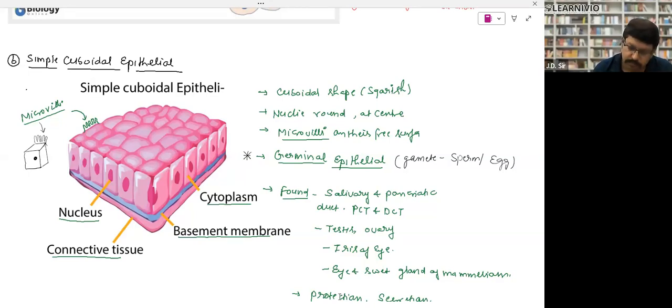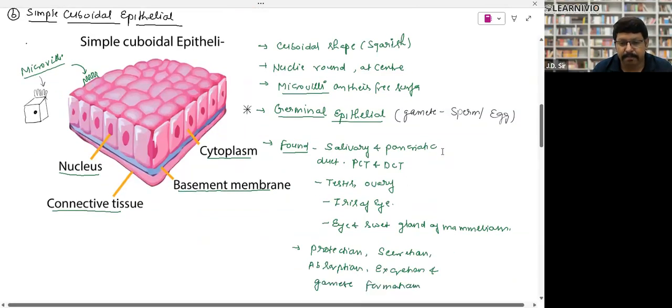I have seen the question this way: where does gamete development take place, cuboidal epithelium, columnar epithelium, squamous epithelium, that kind of stuff. So they make the germinal epithelium. They are found in salivary and pancreatic ducts, the DCT, which we will study.